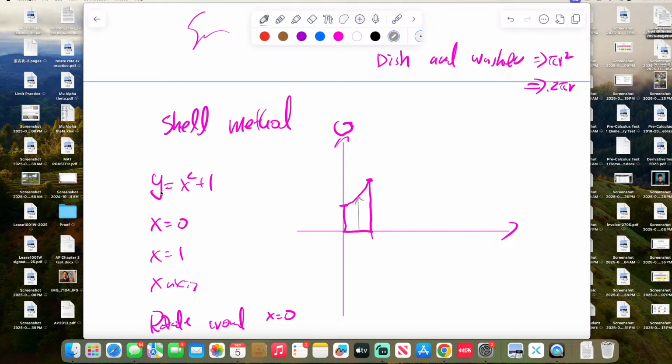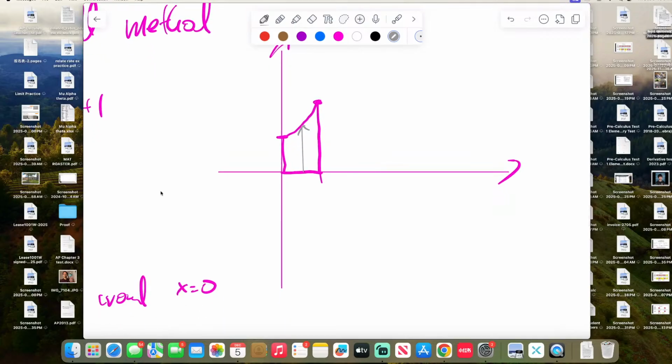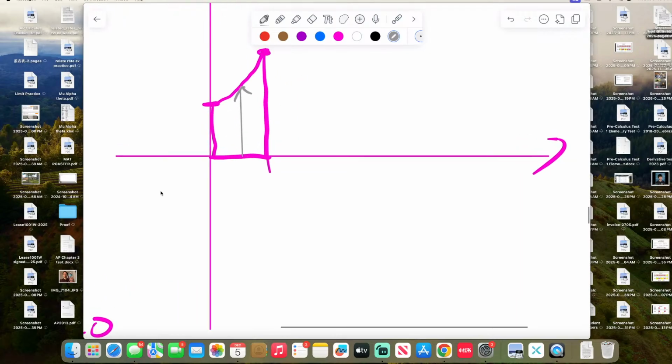It's inertia. The one that's filled in is going to be faster.